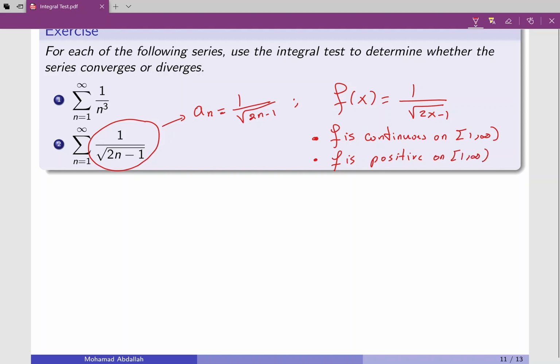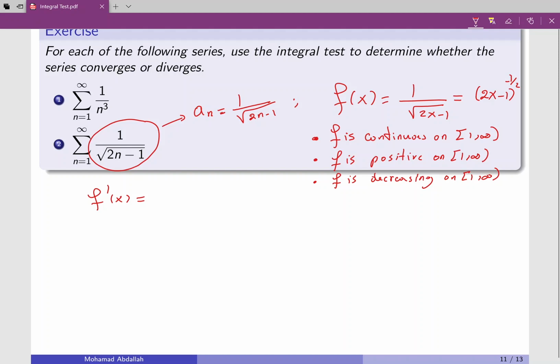Now, one more thing I need to verify, that f is decreasing. Sometimes it's easy to see it, sometimes it's not. To see this, one way to do it usually is just take the derivative. So f is decreasing because f prime of x is equal to, now to find f prime, I like to write f(x) like this: 2x minus 1 to the power minus 1/2.